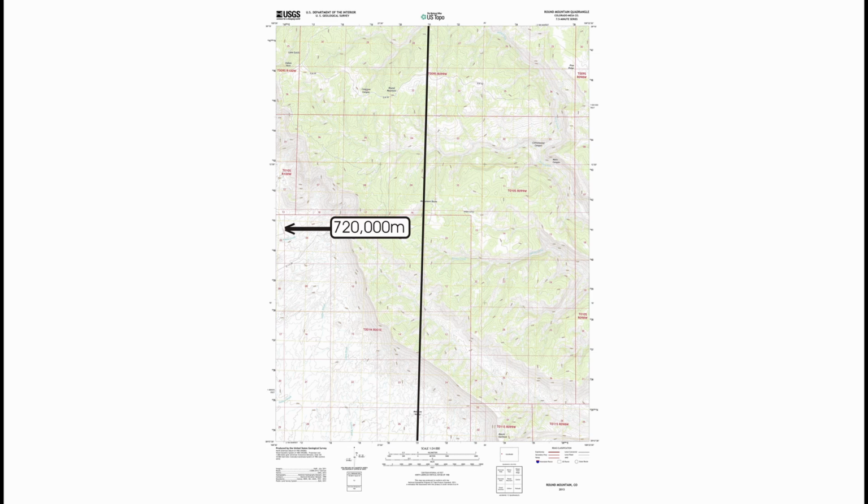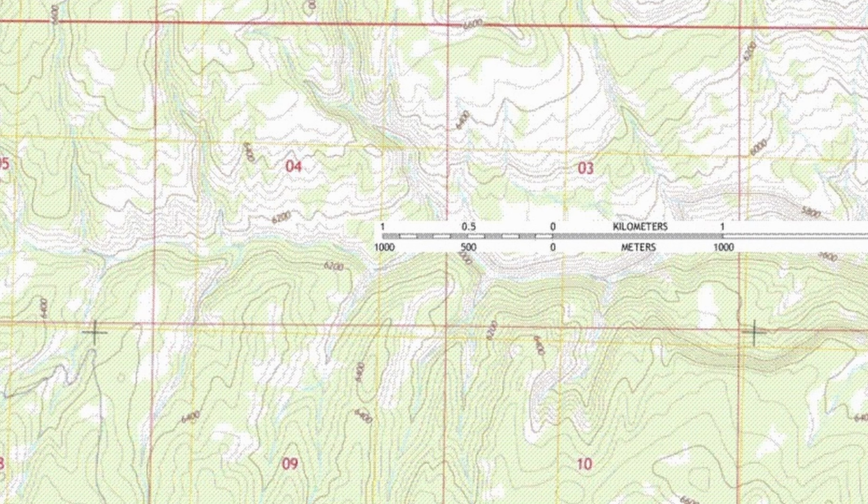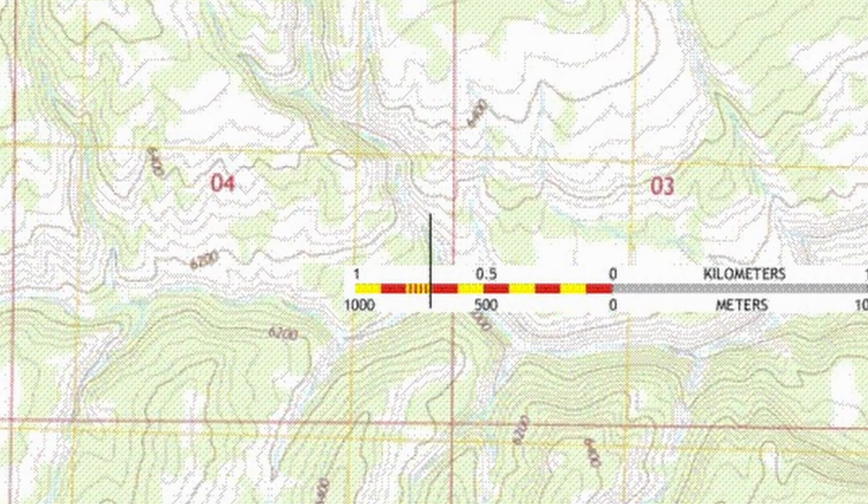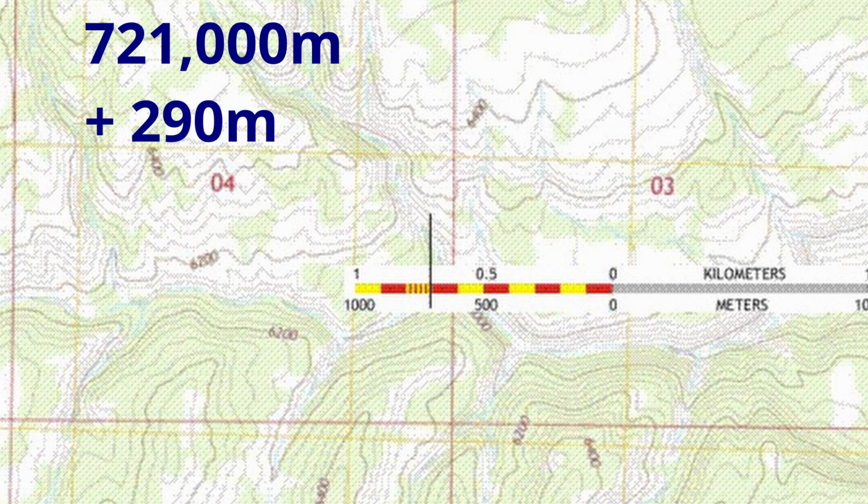But using the scale on the map, I can see that my campsite is 290 meters to the east of that line. So I need to add this to the line's number. This means that the campsite's easting is 721000 plus 290 equals 721290 east.